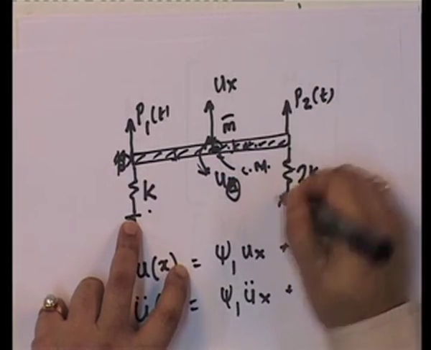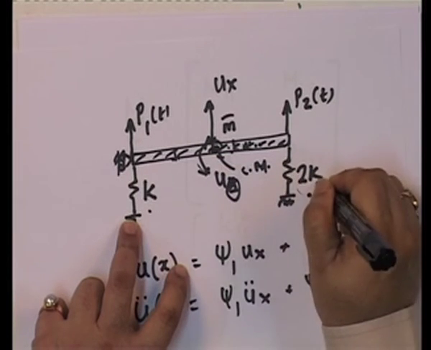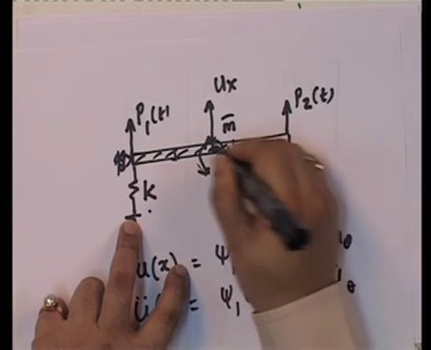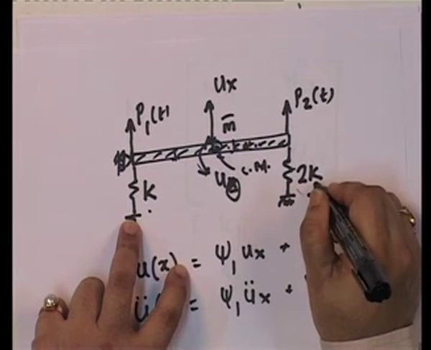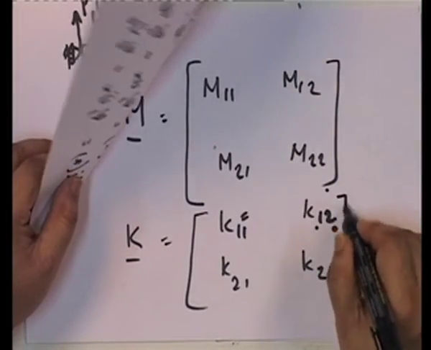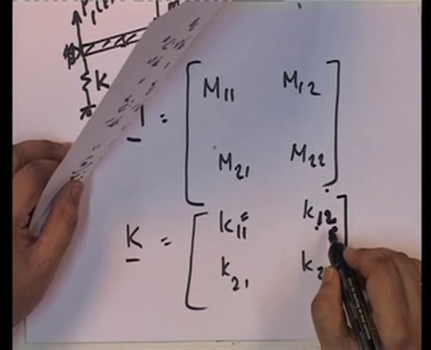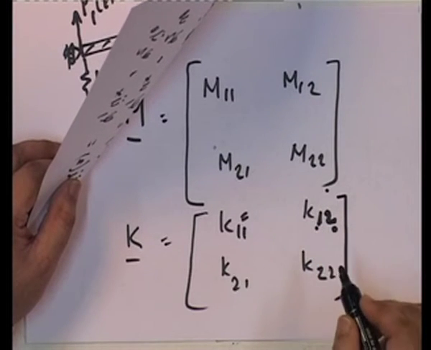See, this one is coming this way, this one is going this way, this is kL, and this is kL by 2. So, what is the net force here? kL minus kL by 2. So, that is the force, that is kL by 2. So, you see it is a force corresponding to degree 1 due to a unit displacement corresponding to 2.